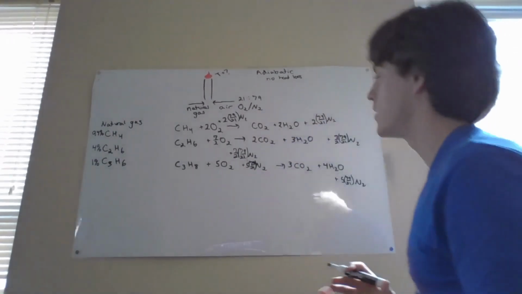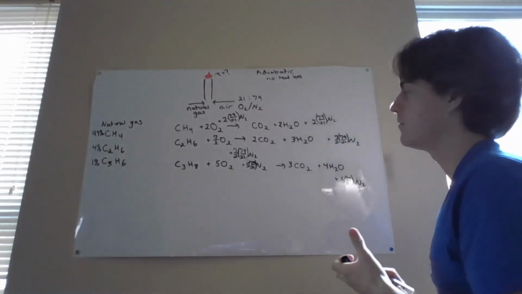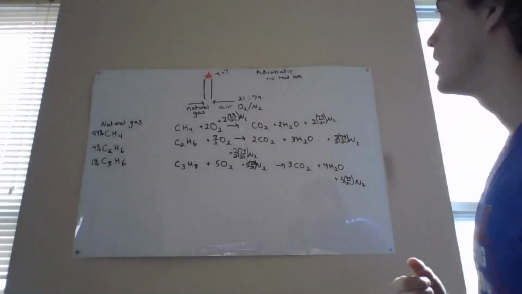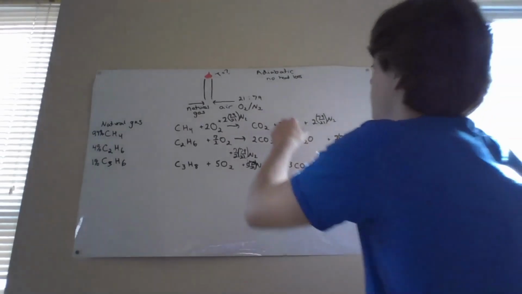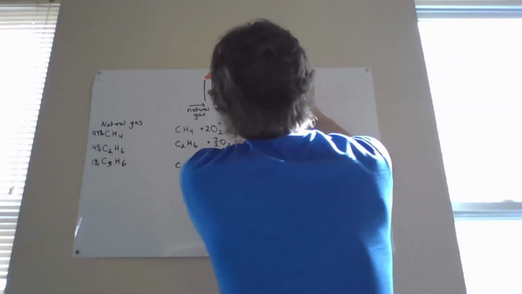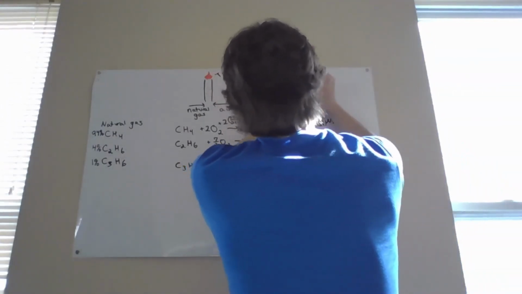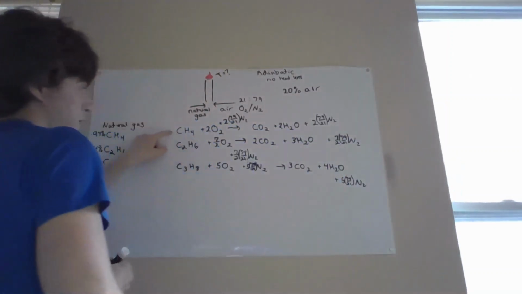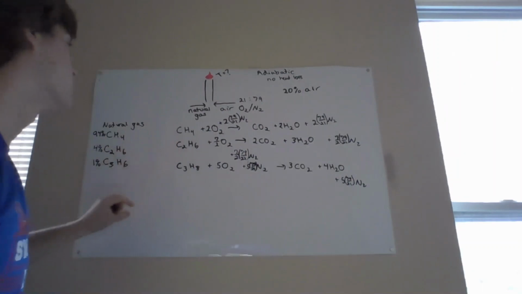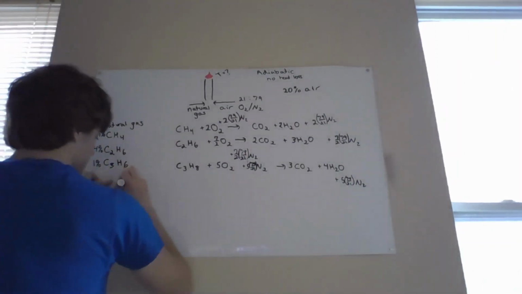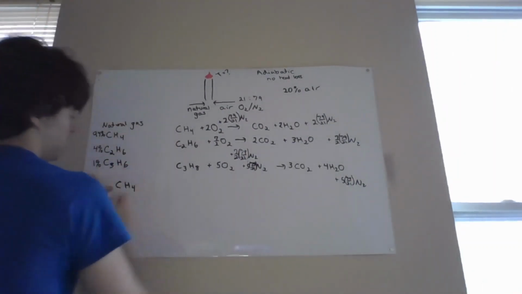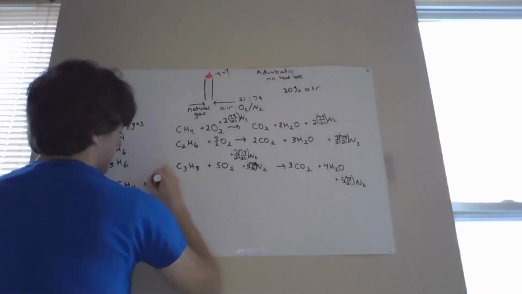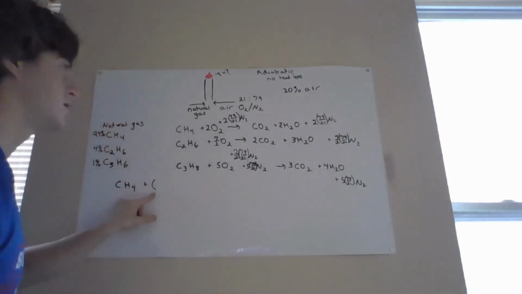Now we're going to have to adjust these reactions to account for the excess air that's going into the flame. We have a total of 20% excess air. I'll just do this for the first reaction since it's the same for the next 2. We'll still have our moles of methane going in, but now we have to account for the excess oxygen that goes in.